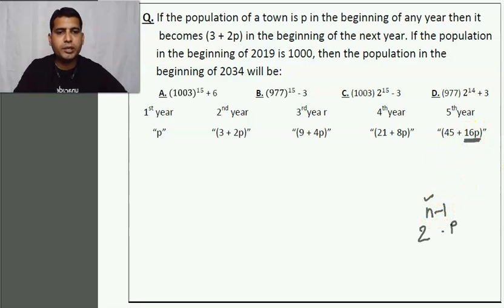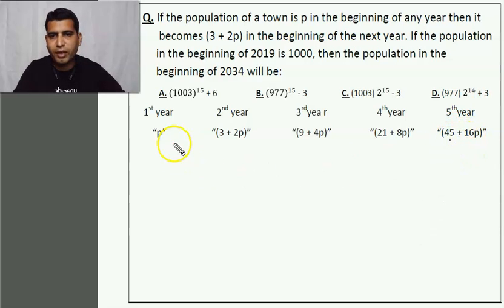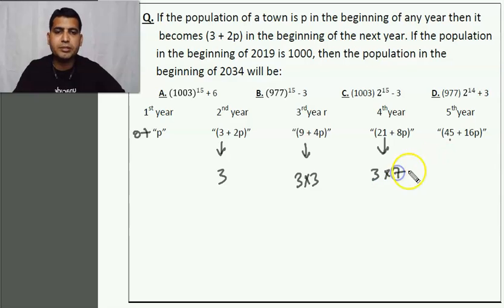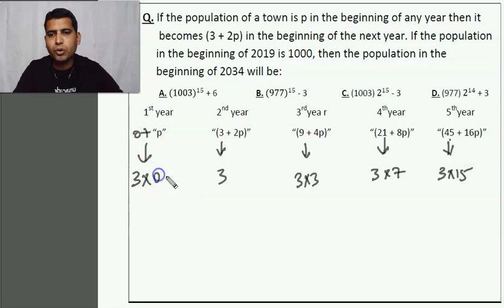Now let's come to the pattern of the first term. Here it is 0 plus p, it's 3, 9, 21 and 45. I can write it as 3 into 3, 3 into 7, that means 3 is common in every term, 3 into 15. Here also I can write 3 into 0.